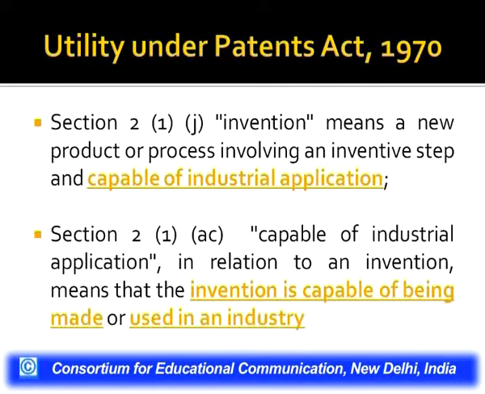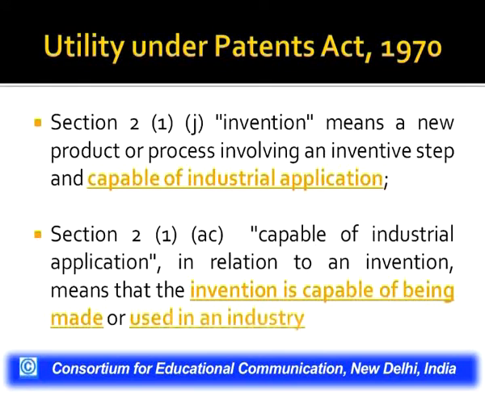Well, friends, Section 2(1)(j) defines invention and posits a requirement of industrial application in the last part of this section, but Section 2(1)(ac) of the Patents Act 1970 defines what capable of industrial application means in this context.